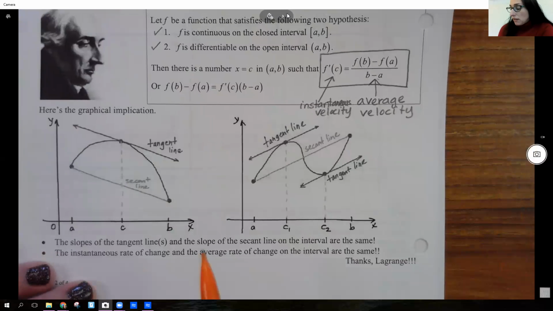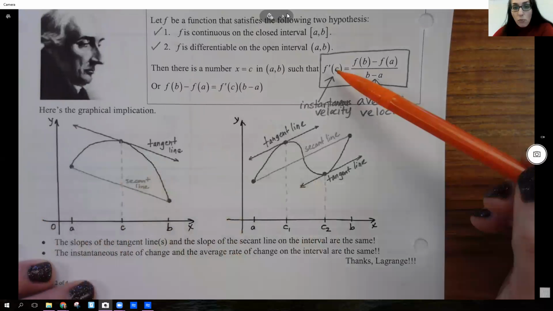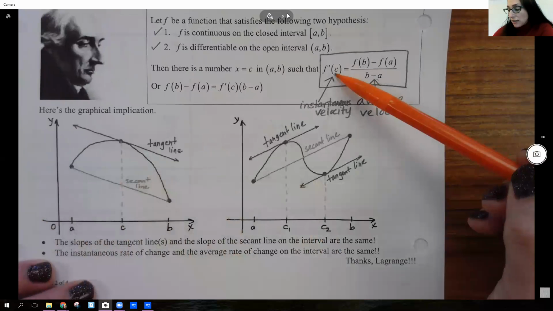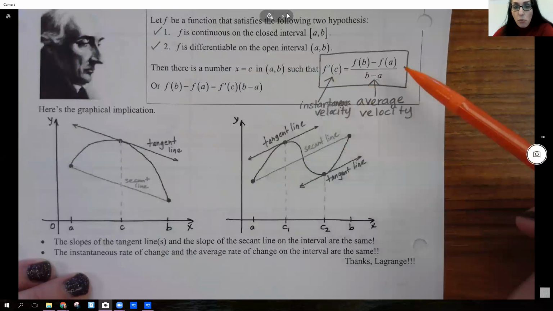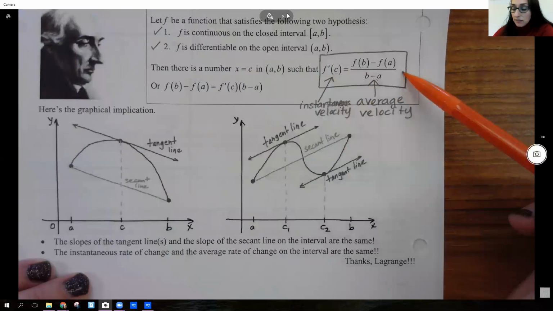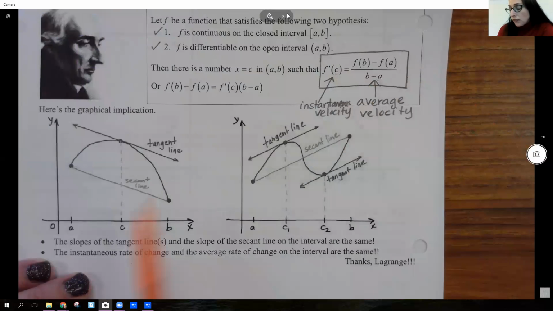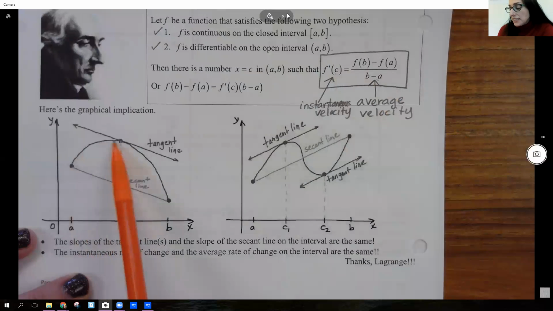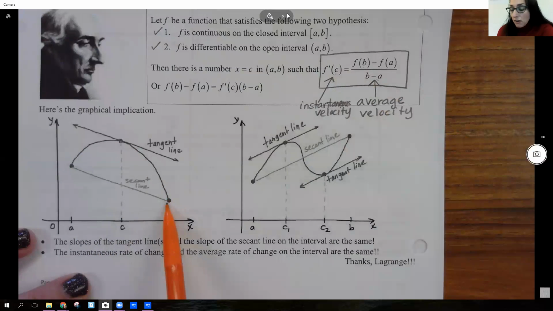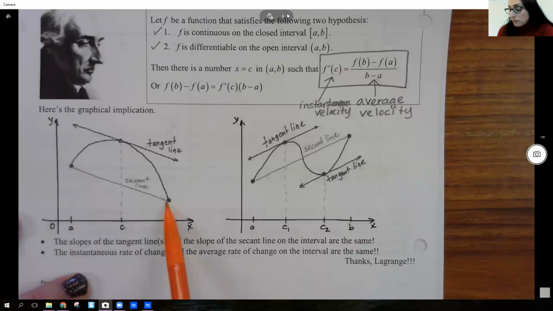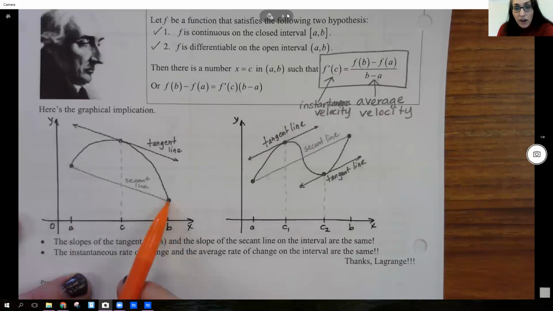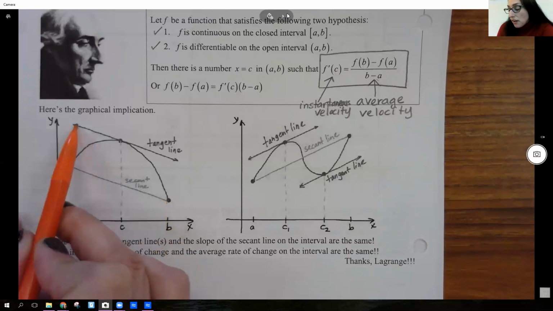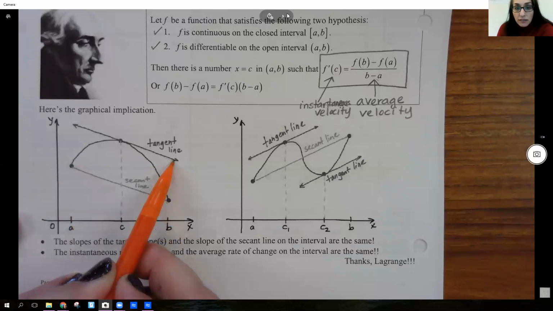Geometrically, down here, what does this mean? The slope of the tangent line will end up being equal to the slope of the secant line. So here's a picture. If you have some continuous graph from A to B, this would be the secant line to that graph. This other line would be the tangent line.